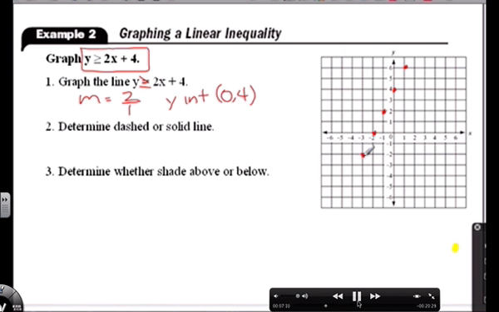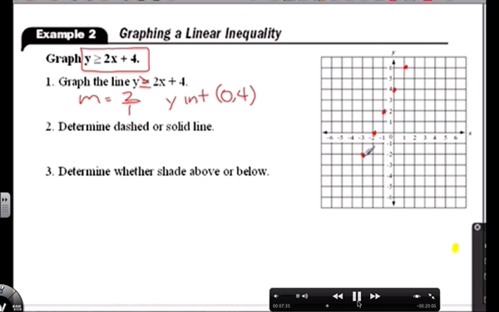This is where you're going to need to wait. Look at step number 2. You determine whether it should be a dashed or a solid line. You're going to do that just like we did with the inequalities with the open circle or the closed circle, the filled-in circle. A dashed line is going to be like an open circle.